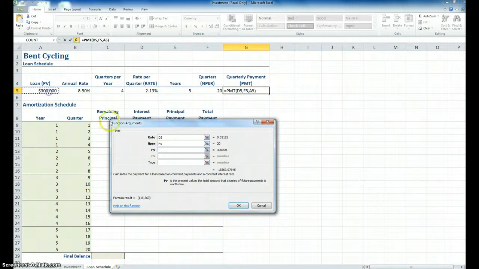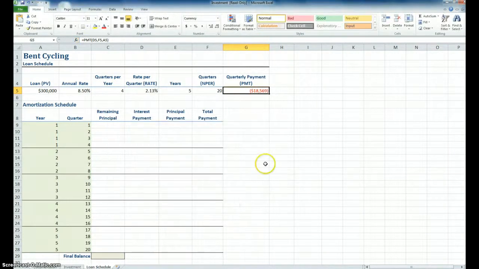The present value is $300,000. Remember last time we used this future value because we wanted to get to $300,000. And notice how it is not bold. These are the only 3 that I have to have. I can add one here. I can put a 0 there if I wanted to because that is the future value we're going to get to, but Excel will assume that. So this is actually all I need.